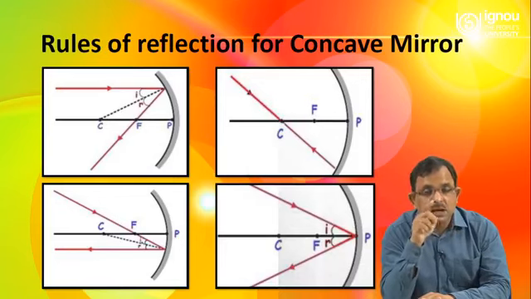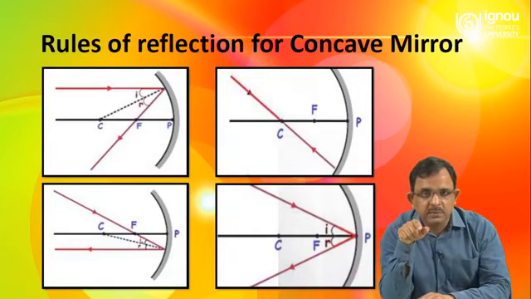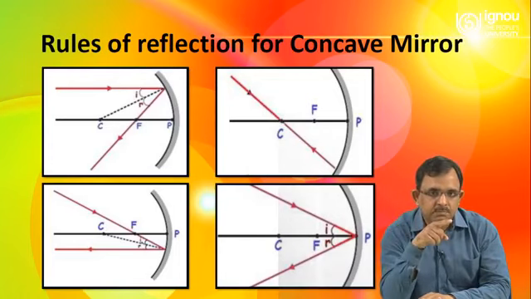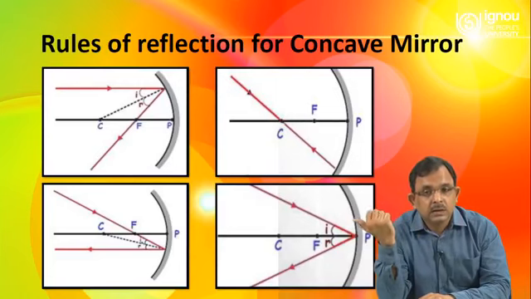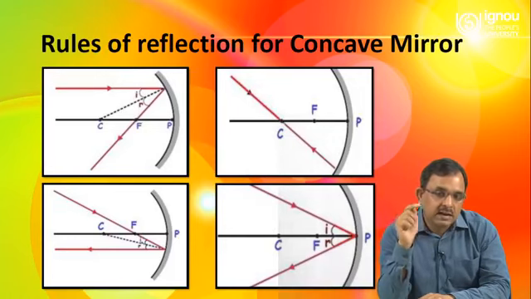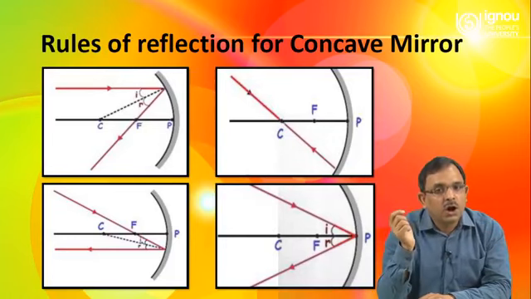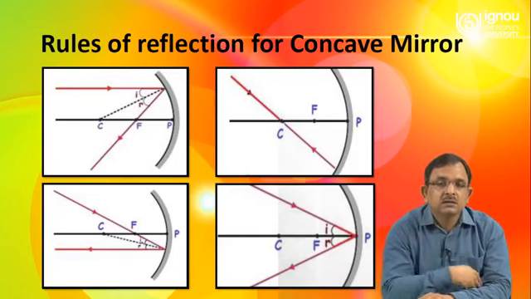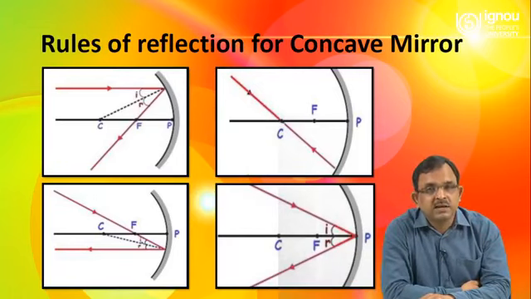If a ray is coming through the center of curvature, it will return the same way. And if a ray is coming at the normal, then the angle of incidence and angle of reflection will be the same, and it will return with the same angle on the opposite side of the principal axis.